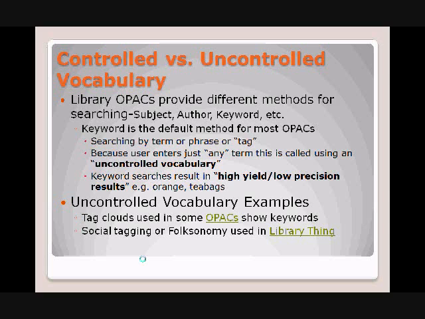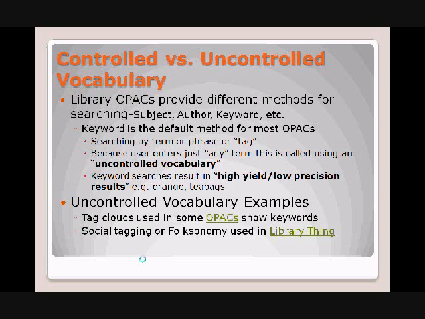As you will see from searching for information using library OPACs, there are different ways to go about searching for information. Typically, OPACs will at least provide subject, author, and keyword searches. However, you will find that nowadays keyword searching is the default method for searching for most OPACs.